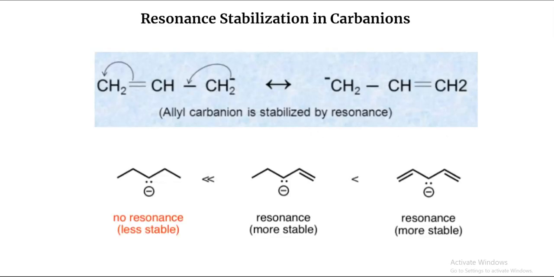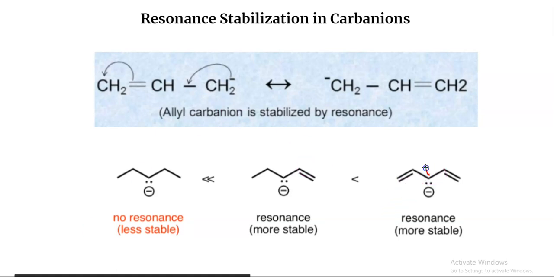And of course, resonance stabilization is also present in carbanion, and those carbanions are called allylic. You can basically move this extra electron here and move this pi bond here and create a negative charge here. That's the resonating structure. You can actually draw two more structures for this. Let's try this again because I don't think we did a great job earlier.